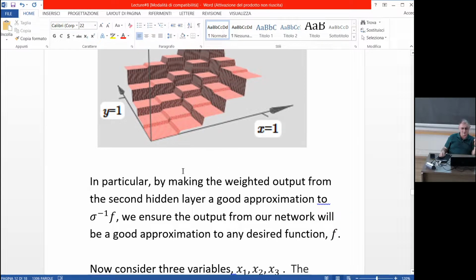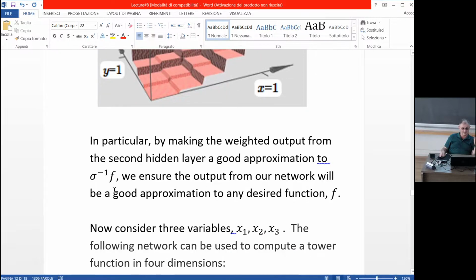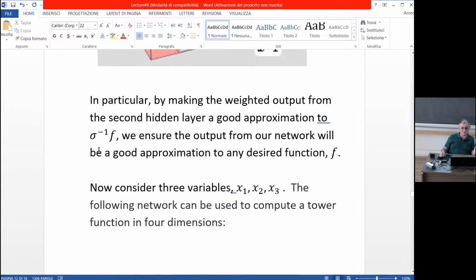So, in particular, by making the weighted output from the second hidden layer a good approximation to sigma minus 1 of f, we ensure the output from our network will be a good approximation to any desired function f. So we have the same thing as before. We apply the inverse of our activation function sigma to the function f.